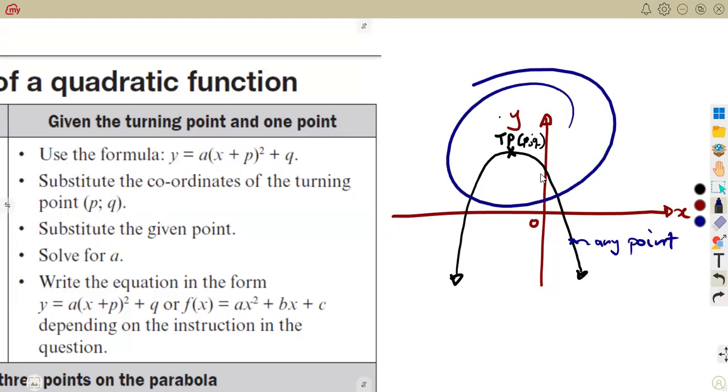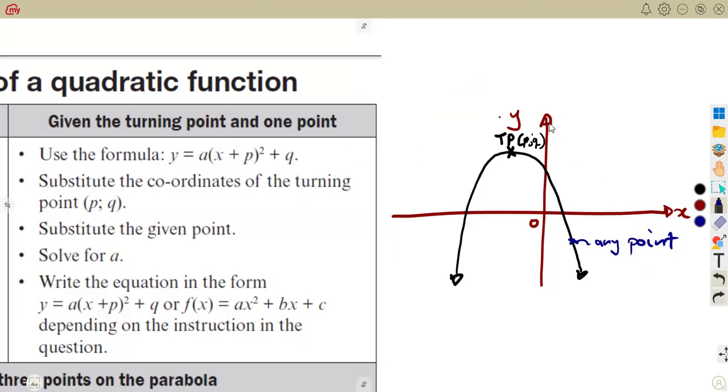When you are given this condition and your turning point is given as P, Q, you can have the equation of this function by using the formula.